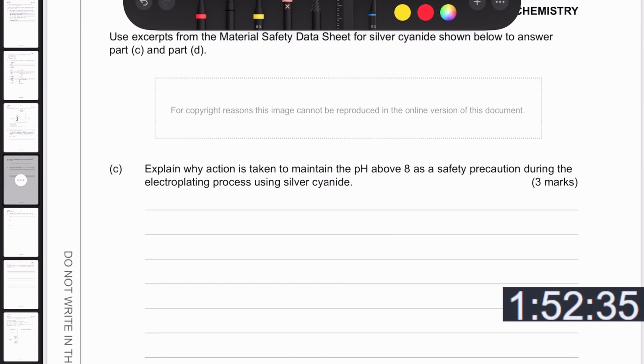So this is the material safety data sheet. Yeah, I think I got it. It says here, contact with acids liberates hydrogen cyanide, a very toxic flammable gas or liquid. It may cause cardiac effects.